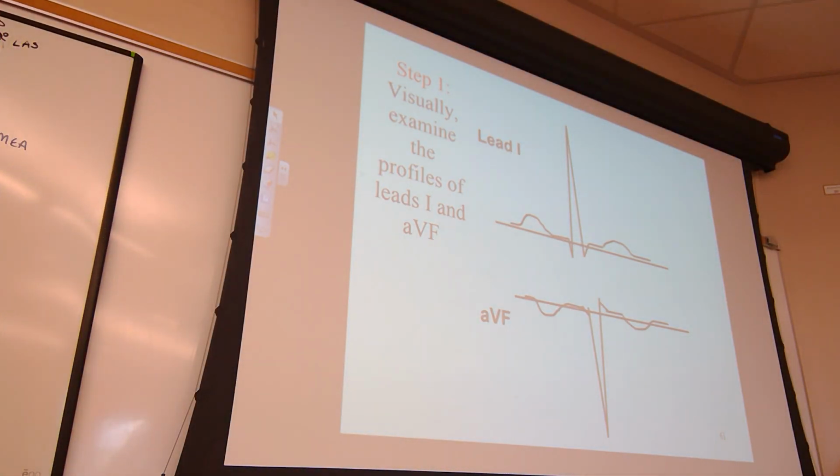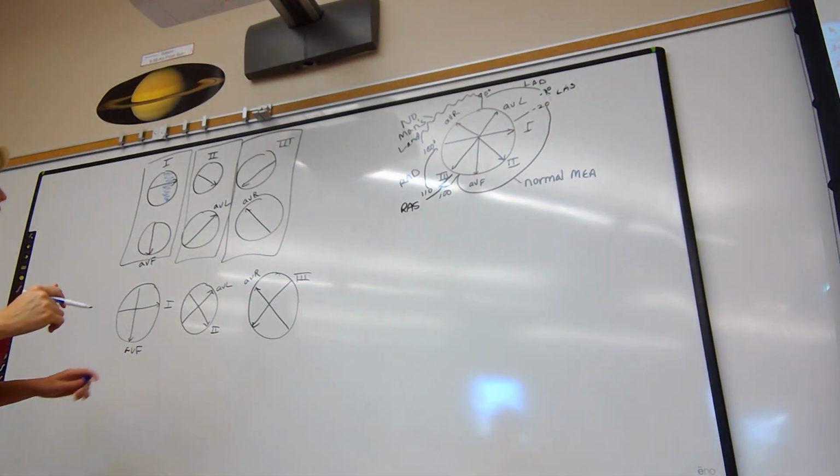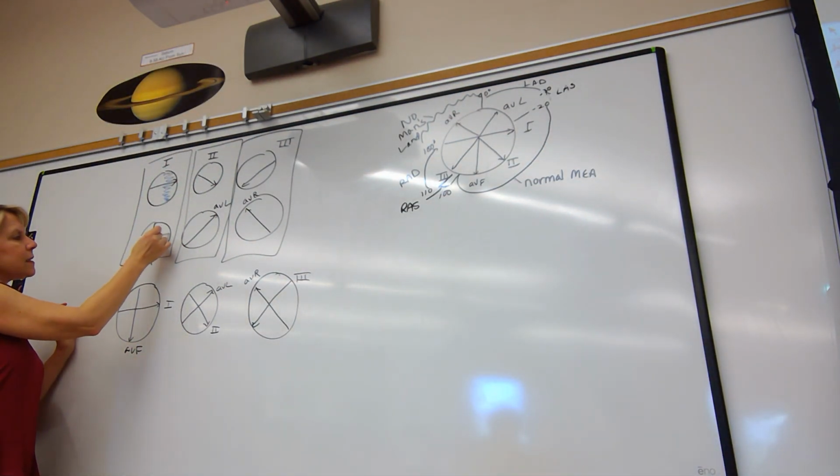What about AVF? Overall up or down? Negative. That means negative values, right? So where is AVF negative? AVF is negative here, isn't it?